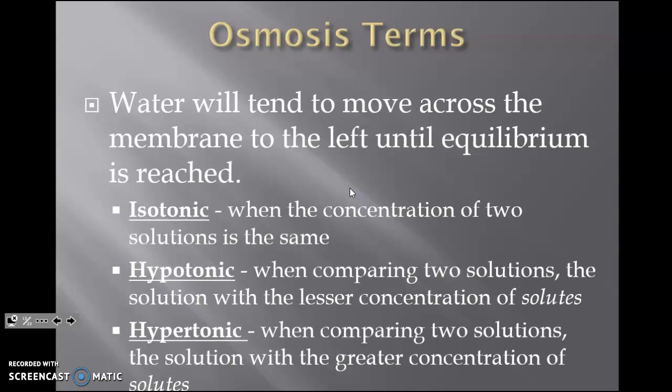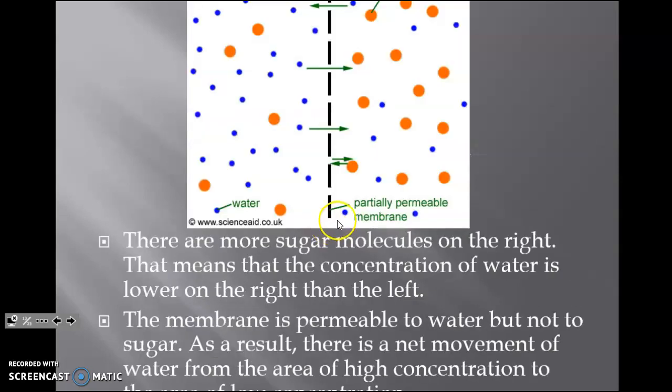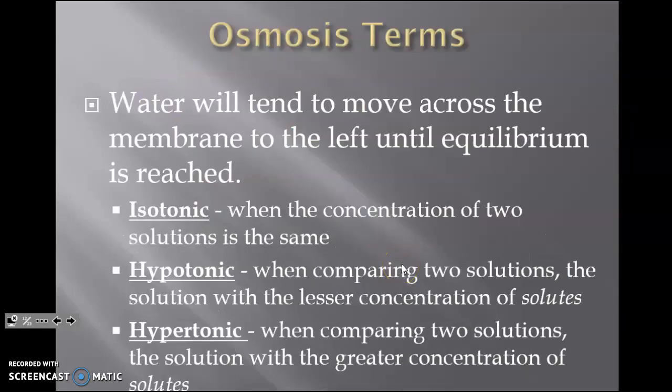If it's hypertonic, then the solutes are high. So if you're looking back at this one here, this one over here on the right is a hypertonic solution. This one over here is a hypotonic solution. So the water is flowing from the hypotonic solution to the hypertonic solution because of the difference in concentration.